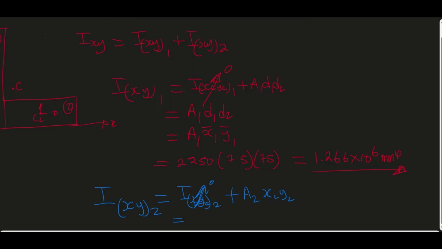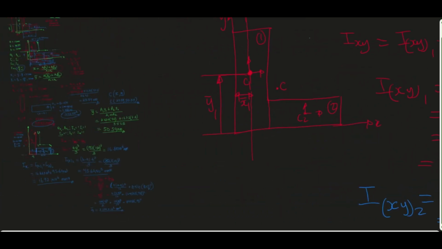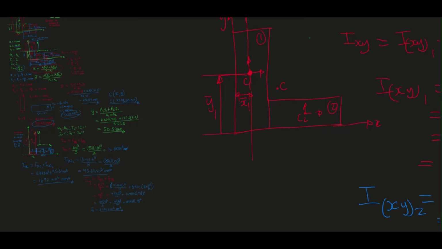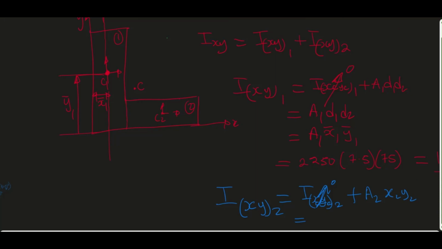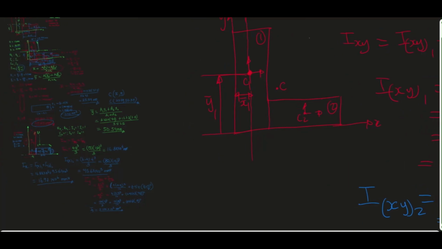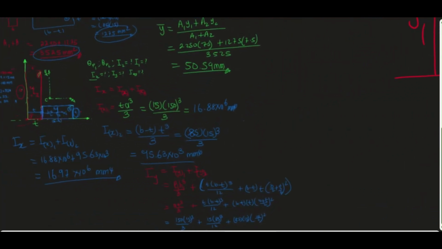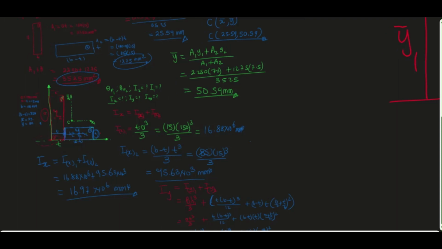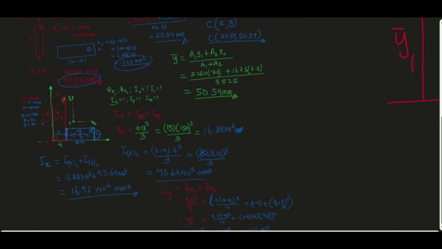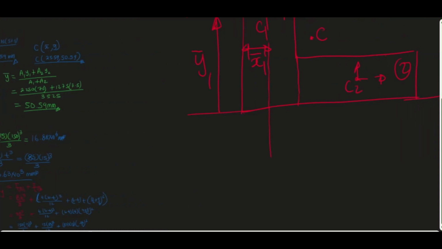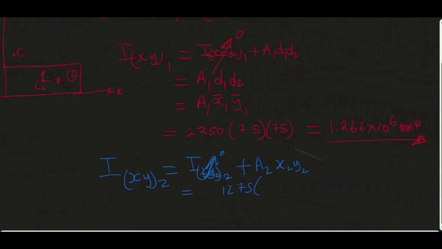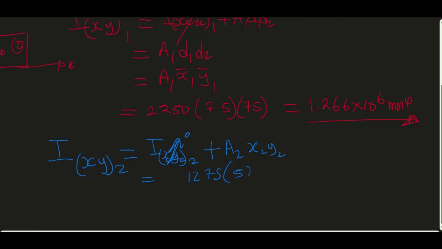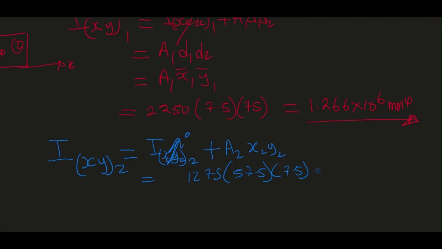And area 2 was 1275, multiplied by x bar 2, 57.5, multiplied by 7.5.